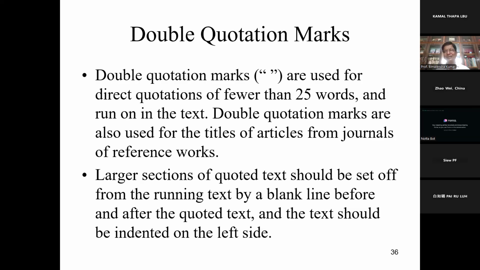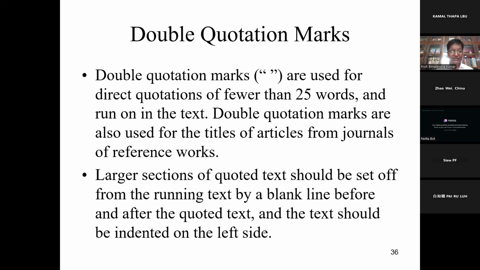So if you are taking a large passage from any book and putting it in the dissertation or the thesis, you have to make one indent, the tab, and from there, the running passage starts. So where do you have to start it?